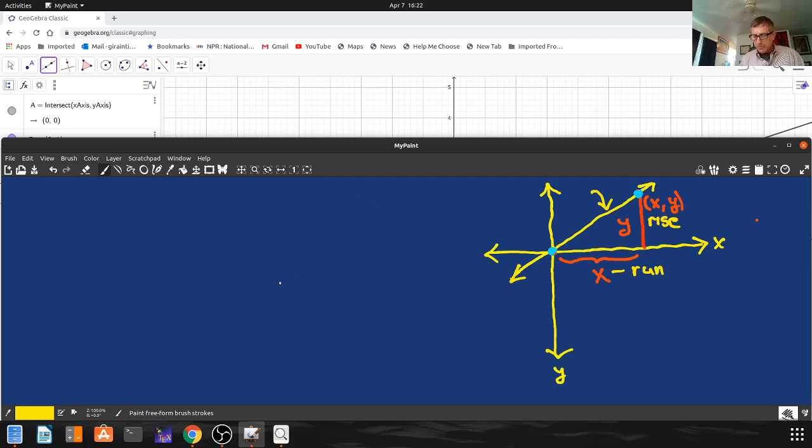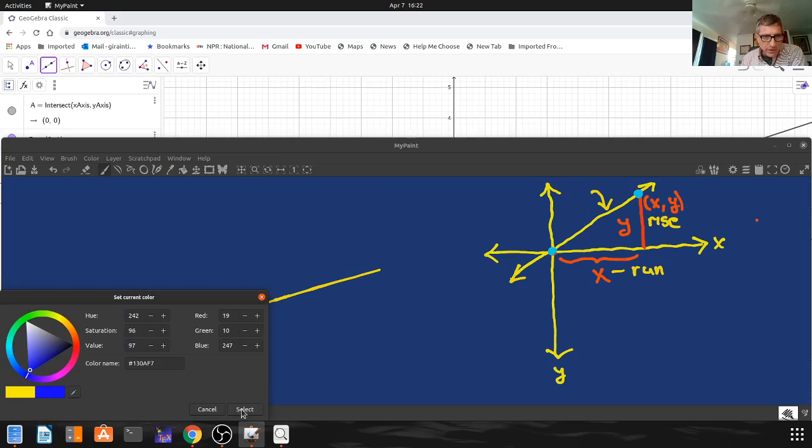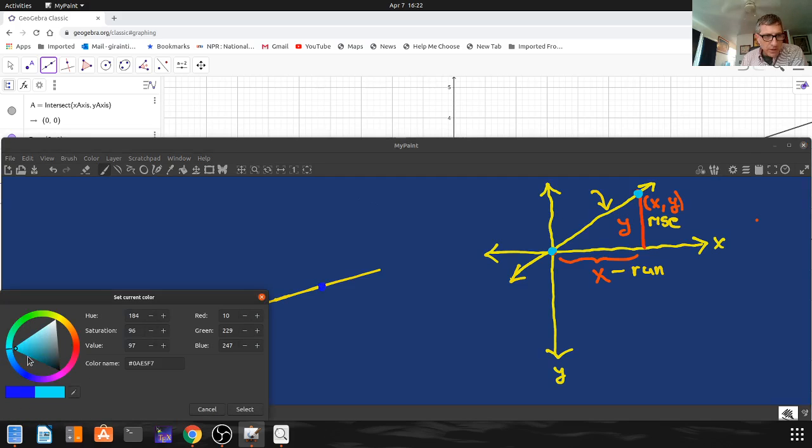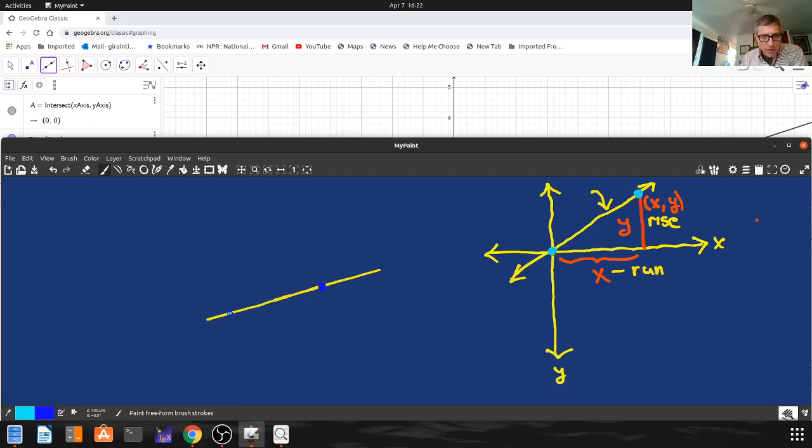So for any arbitrary line that I happen to draw, I can add 2 points to it, and they can be literally anywhere. Here and here, for example, the ratio of the rise over the run is called the slope.